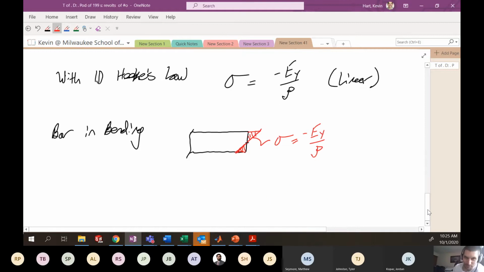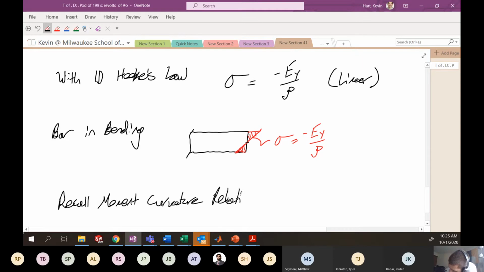The way that you get to the form that you know is through moment curvature relationships, which looks like 1 on rho equals M over EI. Hopefully you talked about this in 2004.